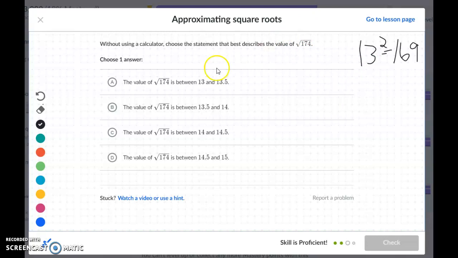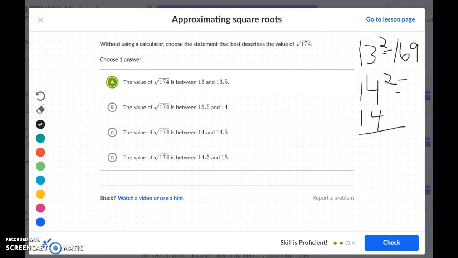So I'm going to look over here and see what it has. It says the value of the square root of 174 is between 13 and 13.5. That's looking really good, because 14 squared, and I don't remember actually, so I'm just going to quickly multiply it here. 14 times 14: 4 times 4 is 16, 4 times 1 is 4, plus 1 is 5, and so on.